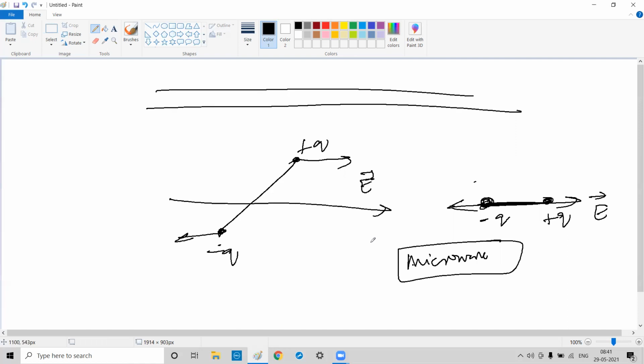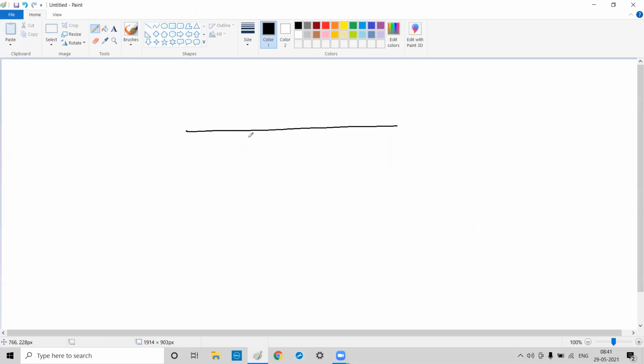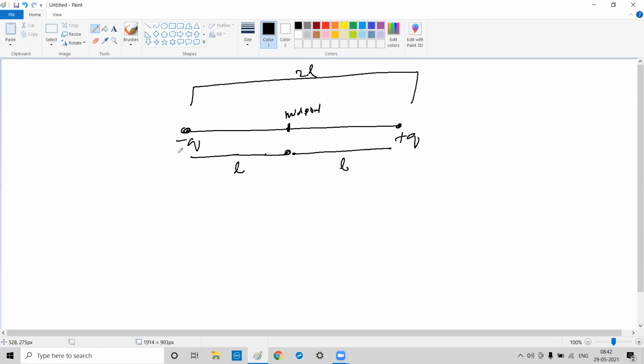Now we have to find the electric potential due to a dipole. If you have a dipole, how much electric potential will we get? Same thing, we will always treat this as a dipole, this is minus q and this is plus q, always opposite. From the midpoint to here it is L, and from here to here it is L, so obviously the total distance is 2L.